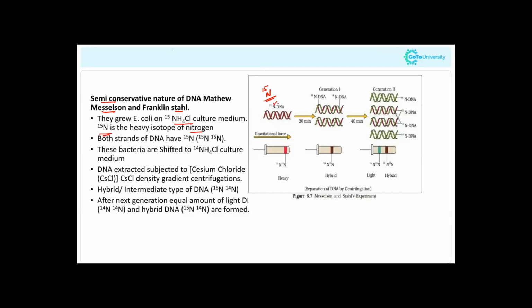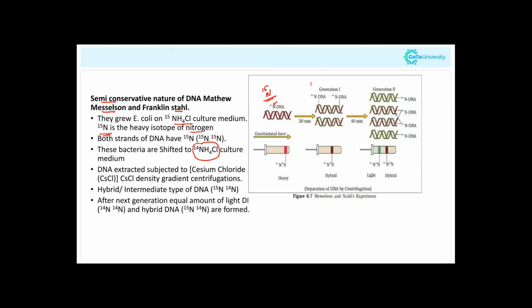That means after generations, they found that the DNA in the bacteria became labeled with N15, making it denser than the normal DNA. After that, they shifted the bacteria to N14 medium, that is, an ammonium culture medium having light nitrogen.